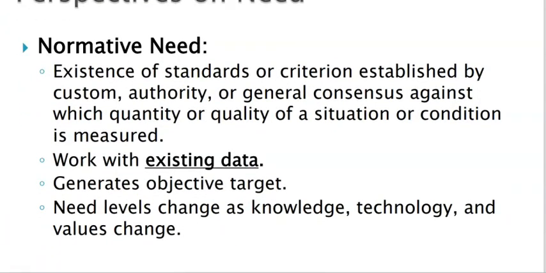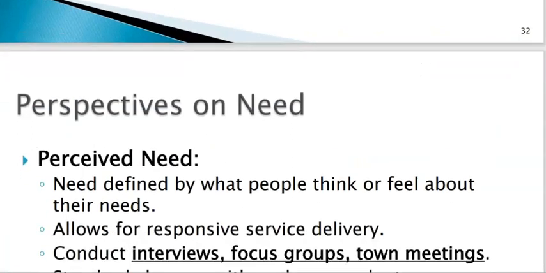So a normative need is the existence of standards or criteria established by custom, authority, or general consensus against which quantity or quality of a situation or condition is measured. It works with existing data, generates objective targets, and the need levels change as knowledge, technology, and values change.